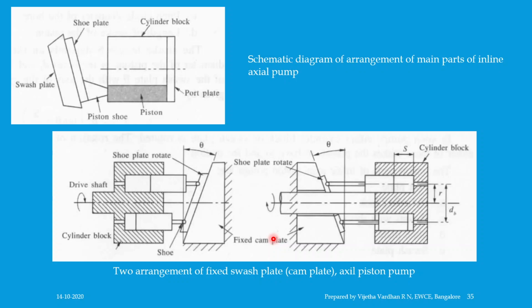Since the swash plate is at an angle to the axis of the driving shaft, the piston has to reciprocate within the cylinder bore. Oil is drawn during the first half of the rotation and delivered during the second half of the rotation of the cylinder block, through the inlet and outlet ports of the port plate.